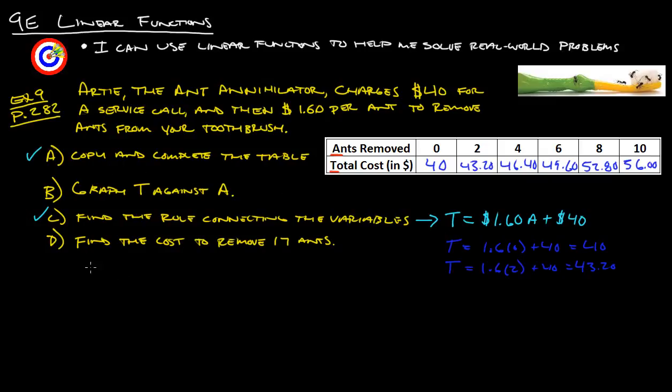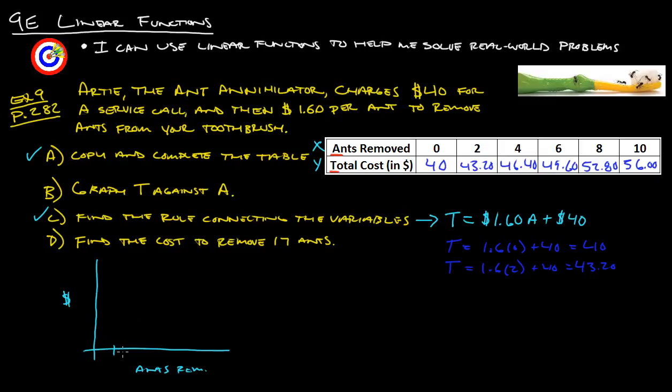Now we've got to graph T against A, so we're just going to make ourselves a little graph here. The top one should pretty much always be your X, and the bottom one should always be your Y, especially since time almost always goes on the X-axis. So this is going to be ants removed, and this is going to be cost.